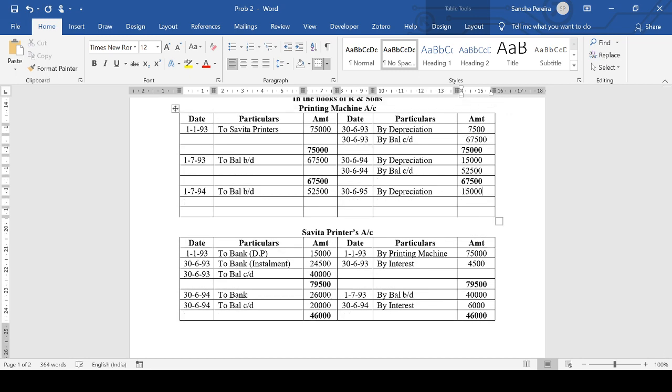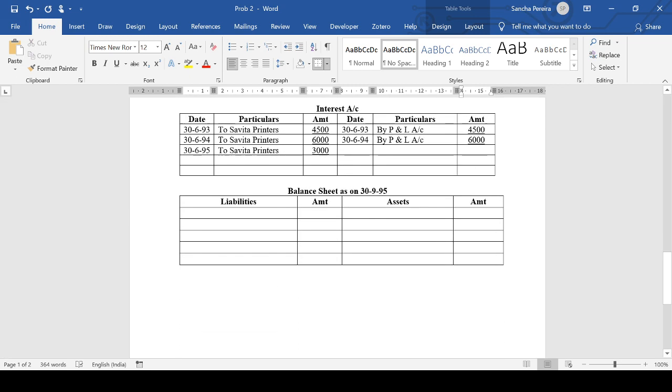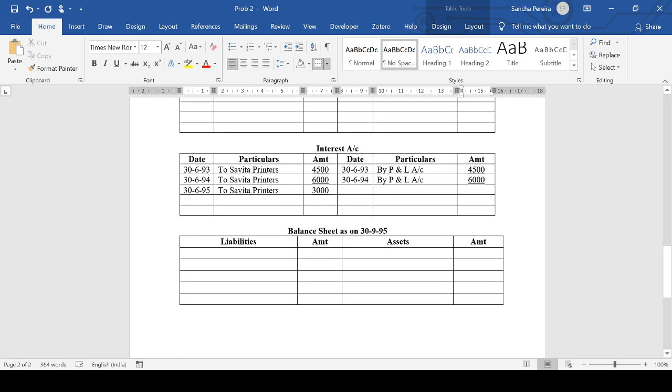Okay. And then the last one is to transfer the interest to the P&L account. We do transfer interest and depreciation, but since I said we don't have a separate depreciation account open, we don't show that entry. P&L account debit to depreciation. So we just show the interest one, 30th June 95.